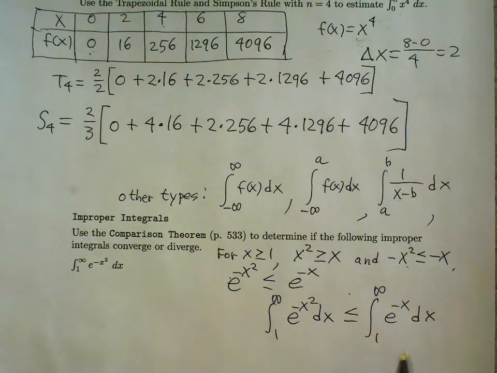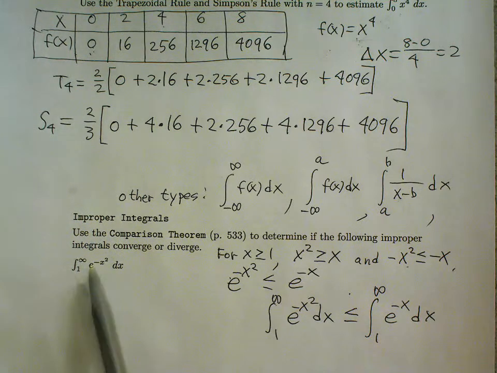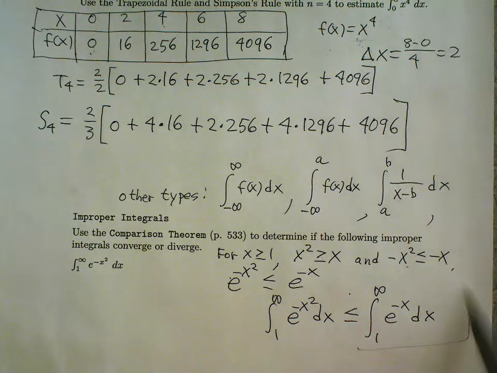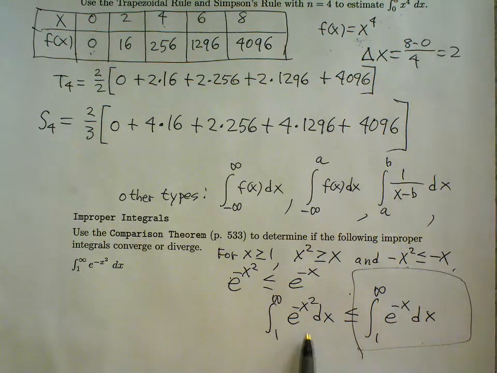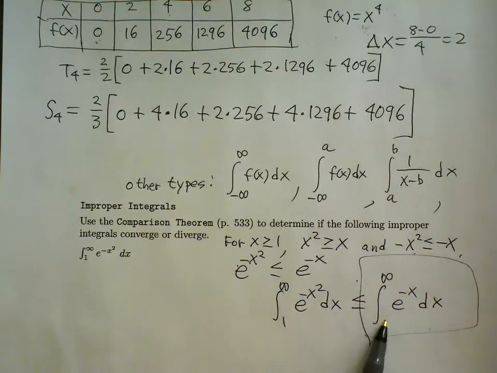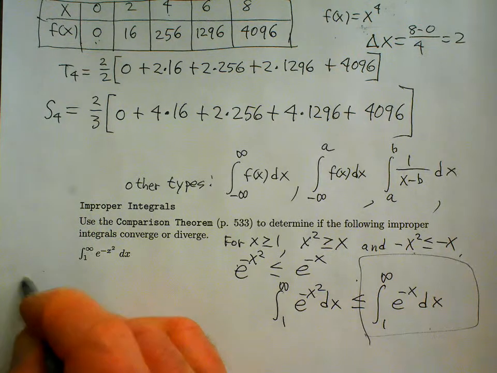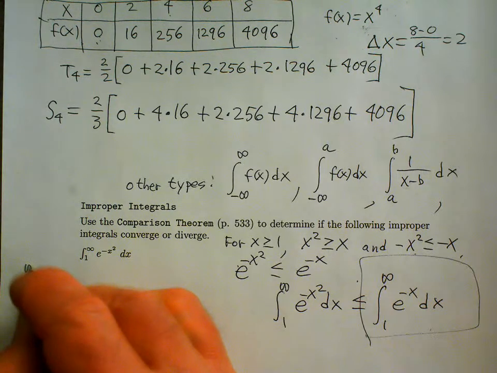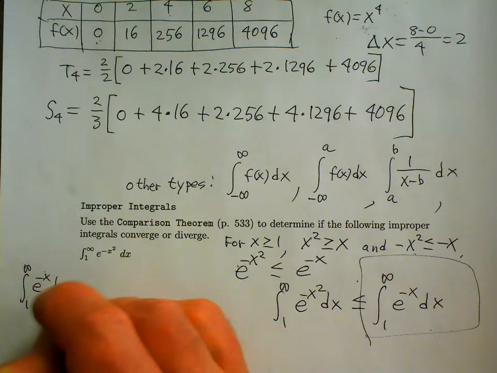So I'm going to compare the original improper integral with the improper integral from 1 to infinity of e to the negative x dx. So if I can show that this one converges, then by comparison, this one also converges. So we have about a minute. We can evaluate this improper integral from 1 to infinity, e to the negative x dx.